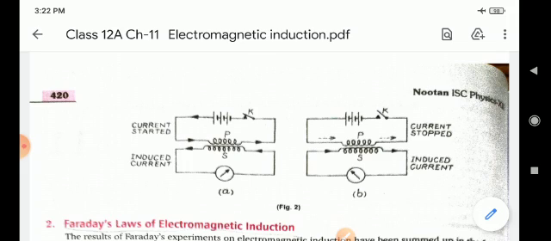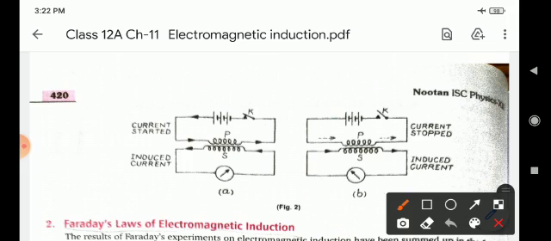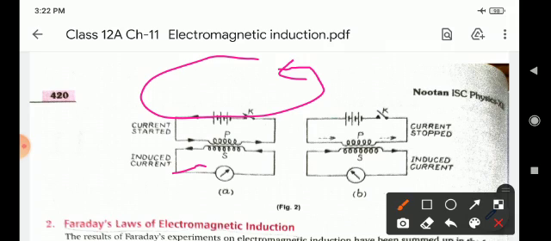Similarly, effects are observed while increasing or decreasing the primary current or changing the relative position of the coils. Children, the direction in the primary coil is anti-clockwise, and in the secondary coil, which has no EMF of its own, the induced current also moves in the anti-clockwise direction.